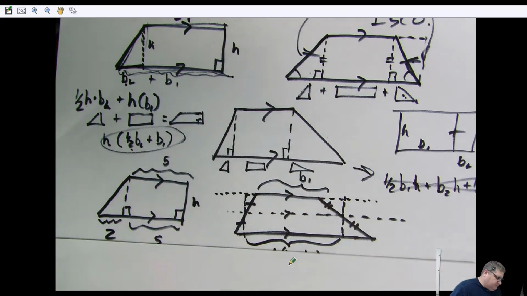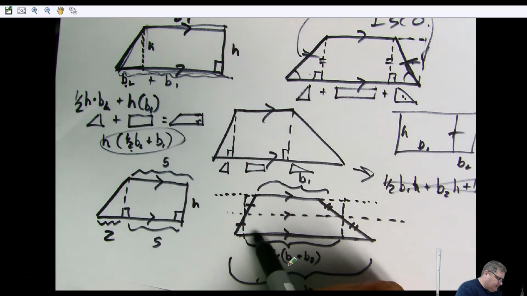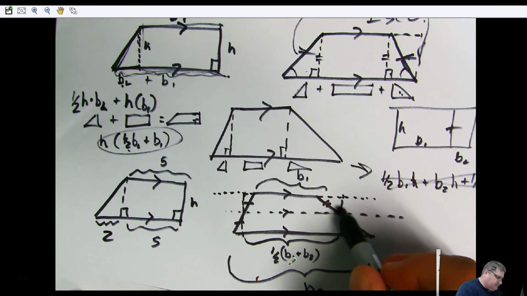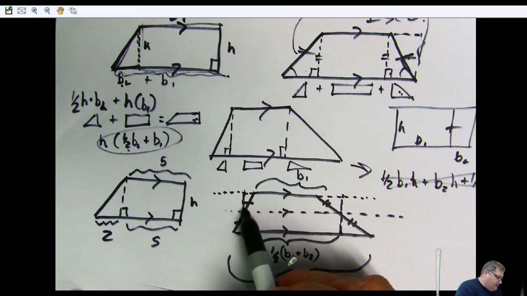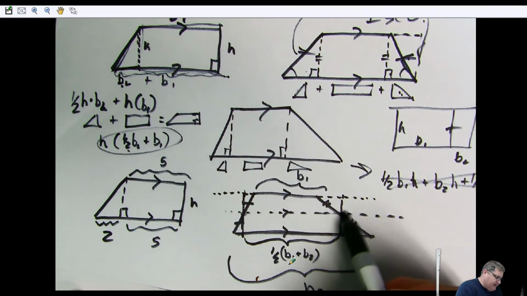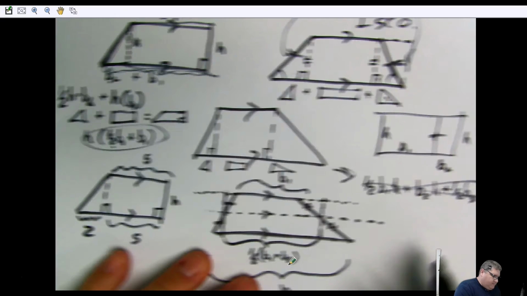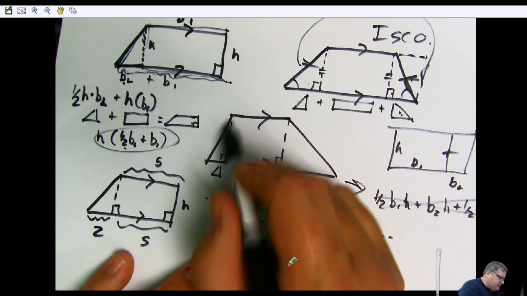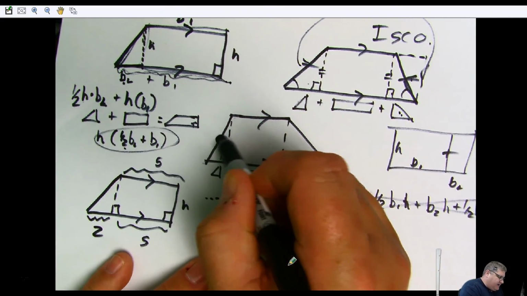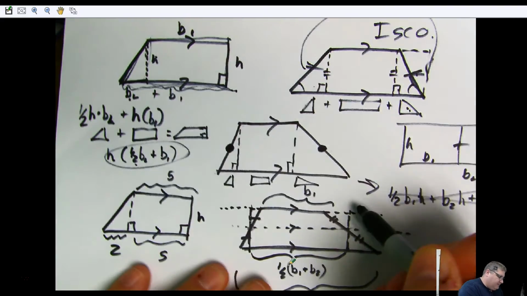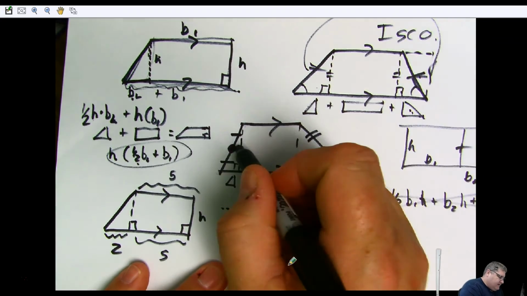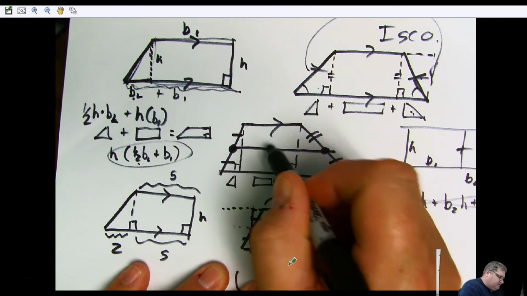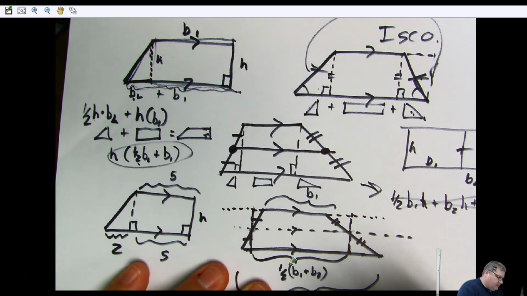And that is if I were to put my heights in a nice spot where I cut this bit in half. So when I have this shape right here, if I go halfway up and halfway up so that this is congruent and this is congruent, I already know from my mid segments that this is going to be parallel.